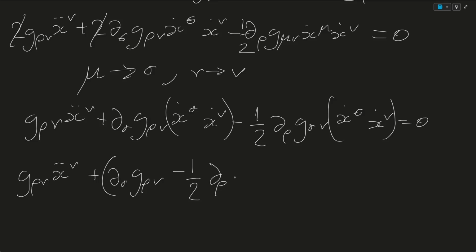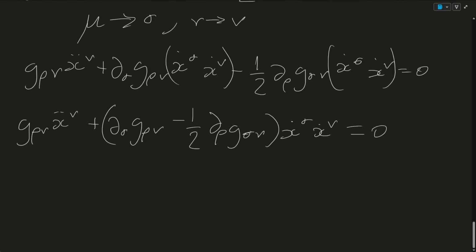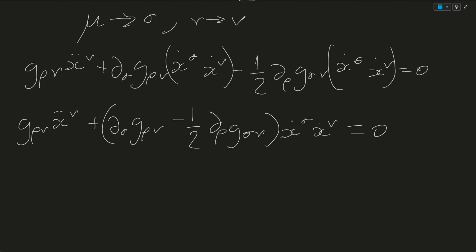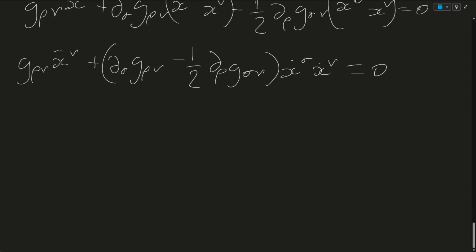That should be partial sub rho g mu nu times x dot sigma x dot nu is equal to 0. Right, so this is getting useful because now we have a solved, or not solved, but we have an Euler-Lagrange equation. And the last thing we can do, or rather the next thing we can do, I don't think it's the last, is symmetrization.